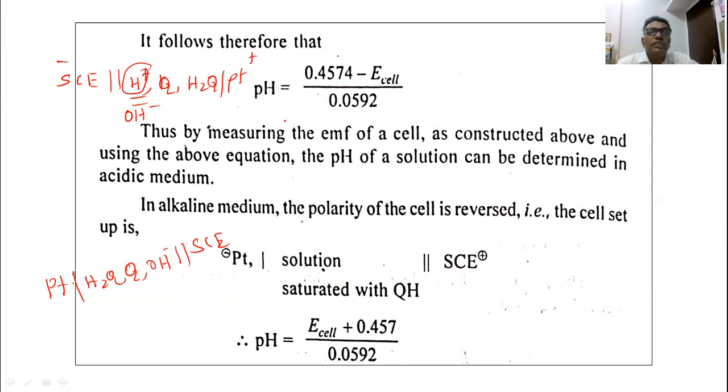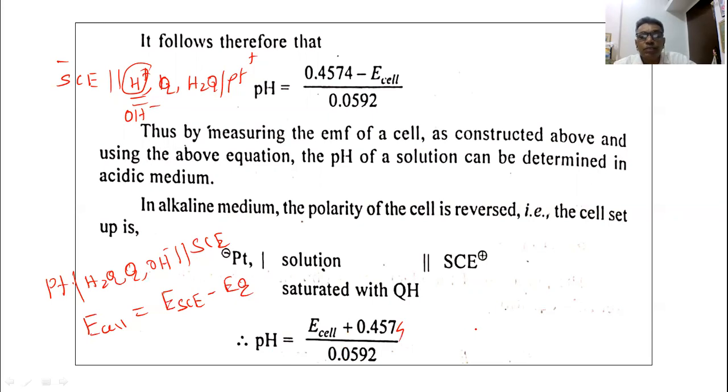And the above derivation changes to this, because this is now on the left hand side. So here EMF of the cell is equal to right minus left, so now the electrode potential of the calomel electrode minus the electrode potential of the quinhydrone electrode. By putting this value, we get this final equation here, pH equal to EMF of the cell plus 0.4574 divided by 0.0592.